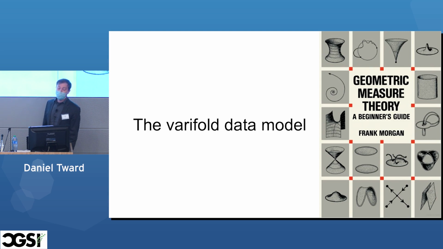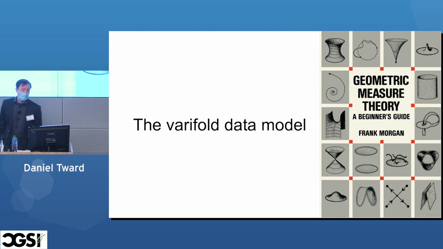So a varifold was proposed in the 70s and 80s, around that time, as part of geometric measure theory. So it was first used to describe things like surfaces that are created by bubbles. And if you look at the surfaces on this book, you can see all sorts of very, very weird geometries, from normal surfaces like a cylinder, to circles that have noodles coming out of them, to Mobius strips, all sorts of things like that.